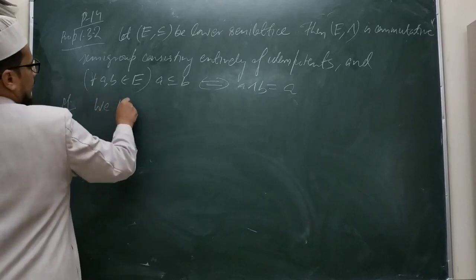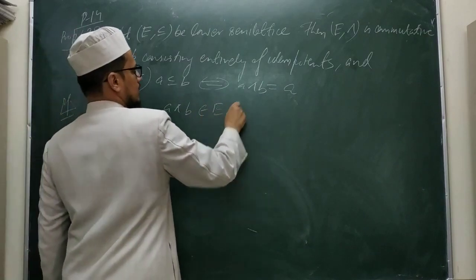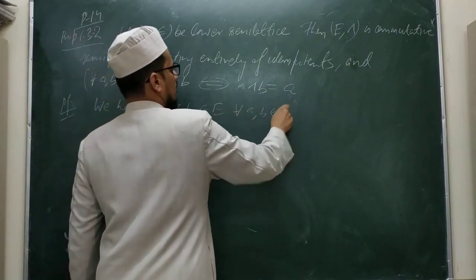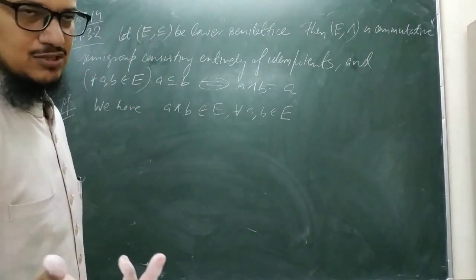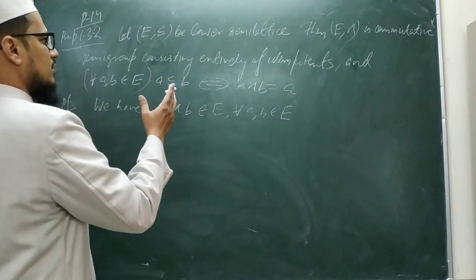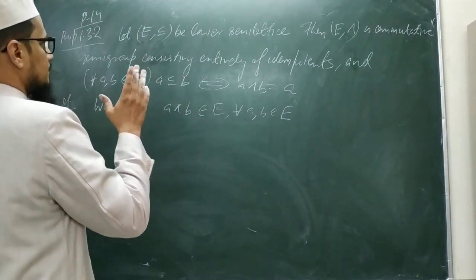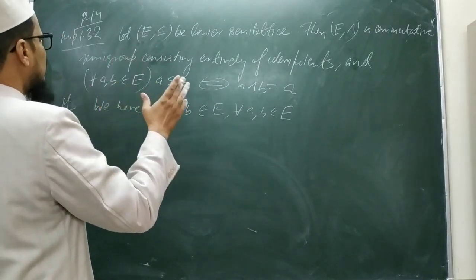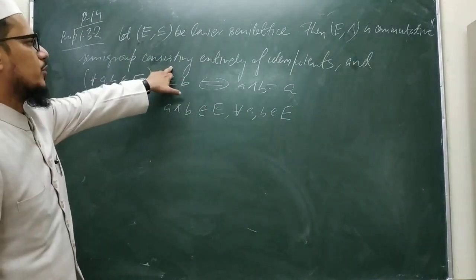Now what we have to prove: we have A meet B belongs to E for every A, B belongs to E. E is a semilattice. Being a semilattice, of course, it's a partially ordered set. Now, what is our claim? We have to prove that it is a commutative semigroup consisting entirely of idempotents.